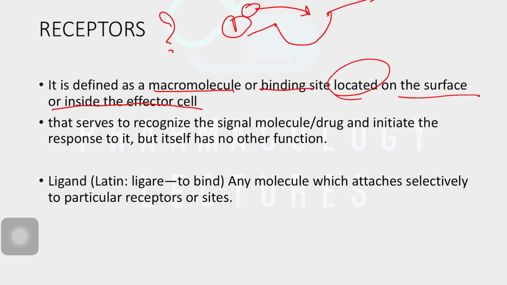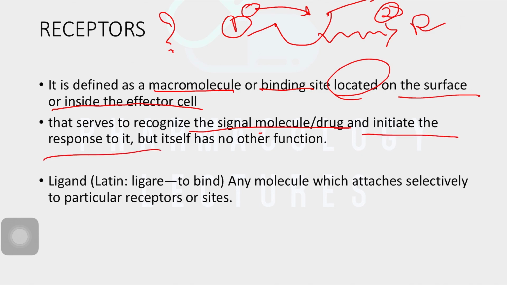So the first thing is attachment, and second, it produces the response. So the receptor has two actions: it recognizes the signal molecule or drug so that it gets attached, and second, it initiates the response. Again, it's located everywhere, inside the cell, outside the cell, on the cell membrane or transmembrane, and it serves two functions: it provides an attachment site, and it initiates a response.